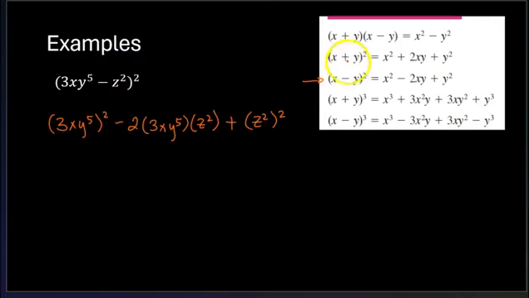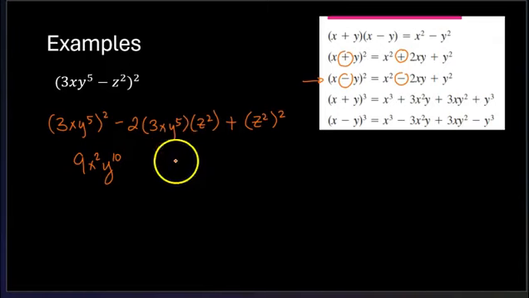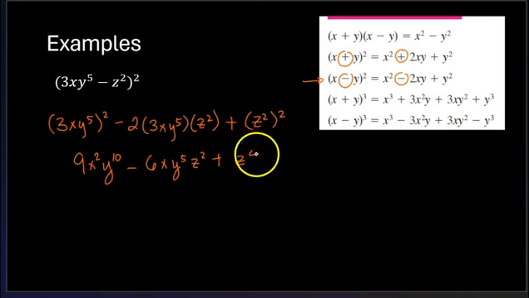The difference between these two will be in the sign. If it's a difference, this is minus, and if this is a sum, this is plus. Then we simplify, so 9x squared. I'm using similar terms so that it's easier for us to do some of the computations. So 2 times 3, 6xy raised to 5 z squared, okay, plus z raised to 4.